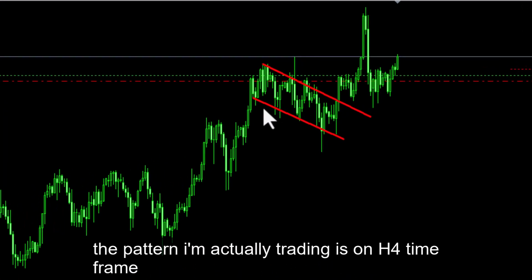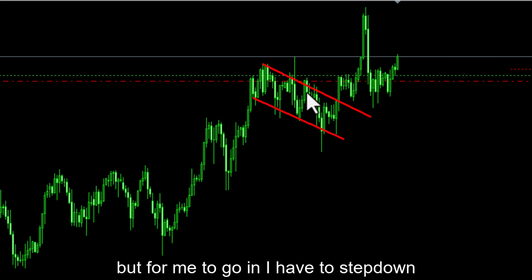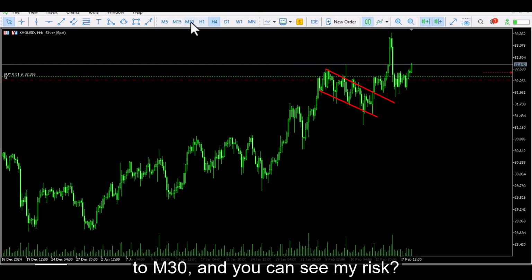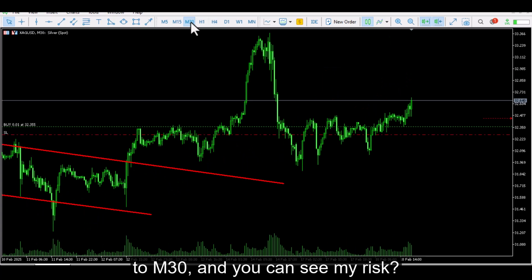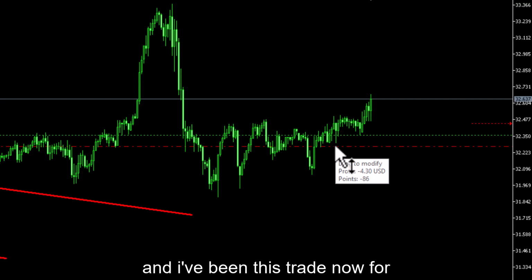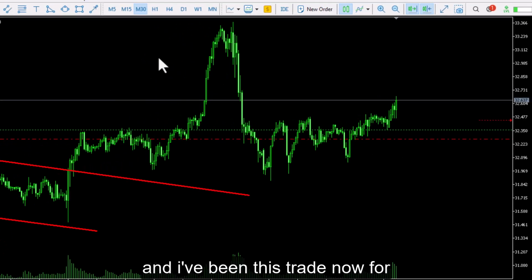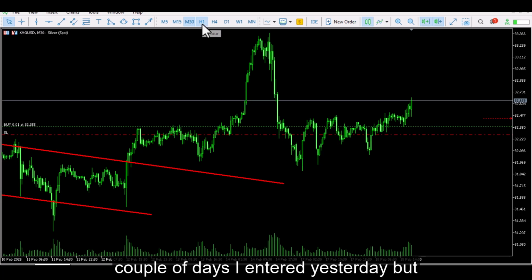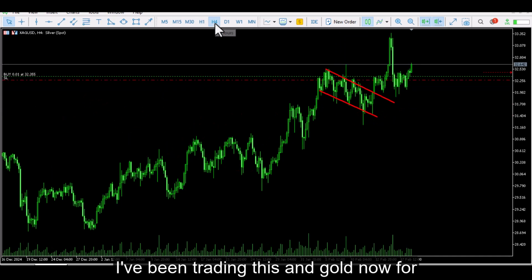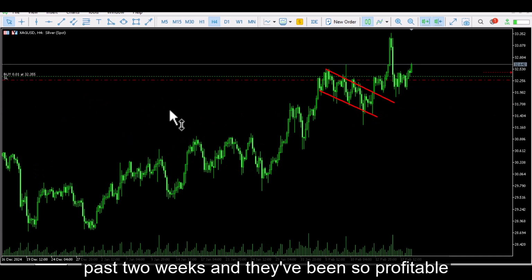The pattern I'm actually trading is on the H4 time frame, but for me to go in, I have to step down to M30, and you can see my risk, just $4. I have been on this trade now for a couple of days. I entered yesterday, but I've been trading this and gold now for the past 2 weeks, and they have been so profitable.